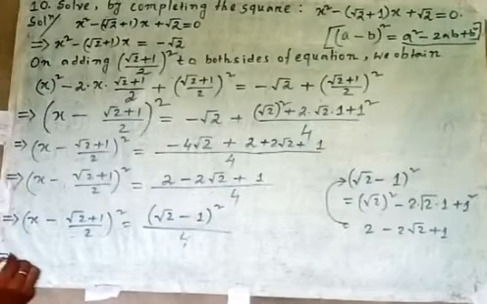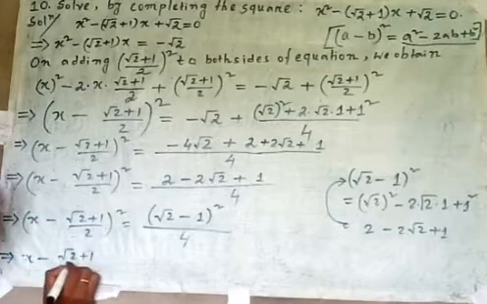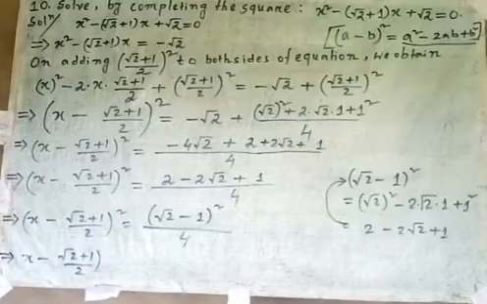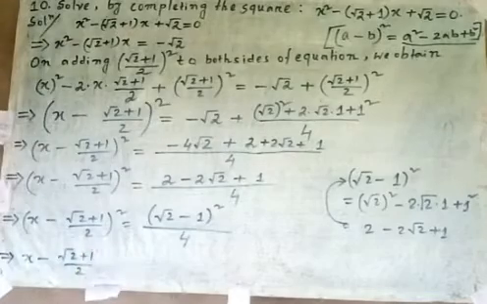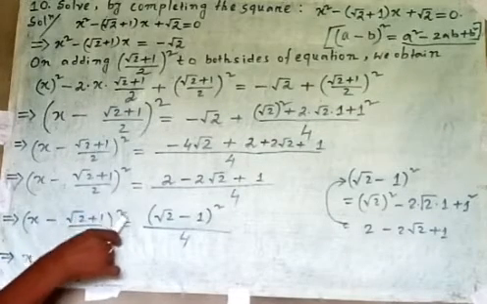This implies x minus (√2 + 1)/2... Look, now this is the important part. Now we will not use the whole square.